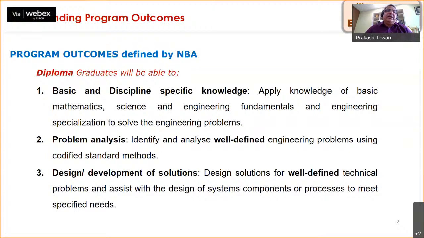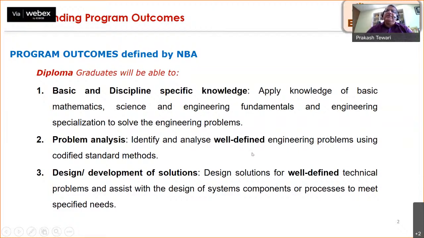Okay. So when it comes to diploma level, the first three look almost similar, only with the change that in the undergraduate engineering program, that is BE, BTech, it was complex engineering problem. Whereas for diploma, since they join the diploma program after 10th, the amount of general education they have will be limited. So they are expected to solve well-defined problems.